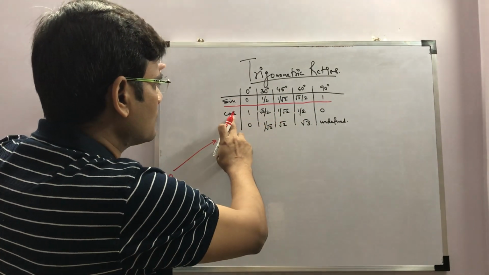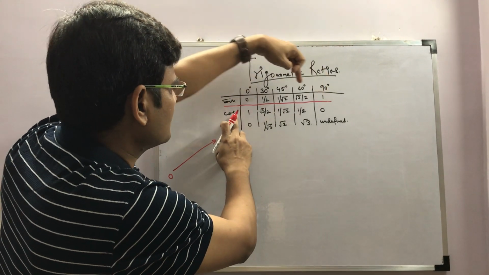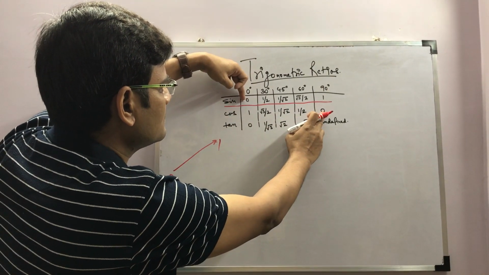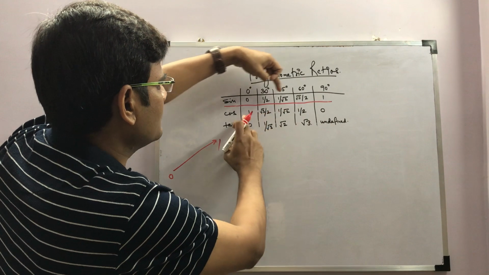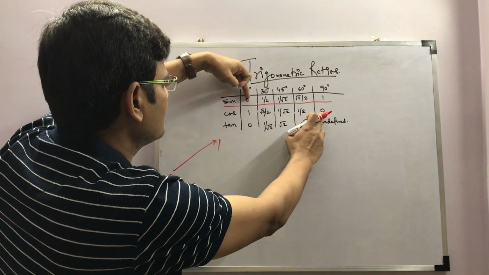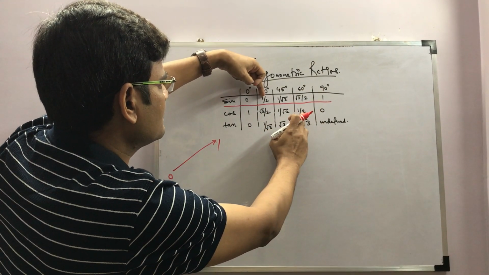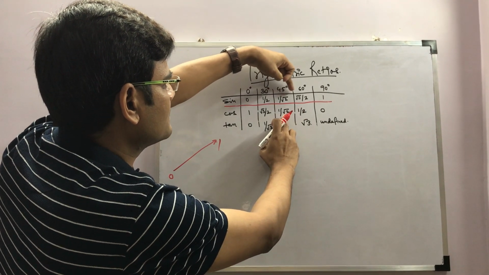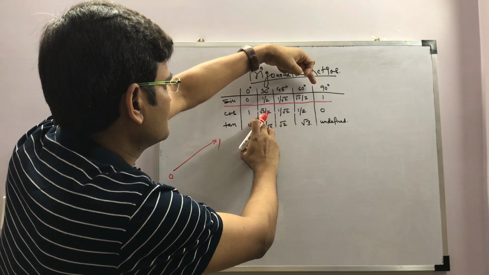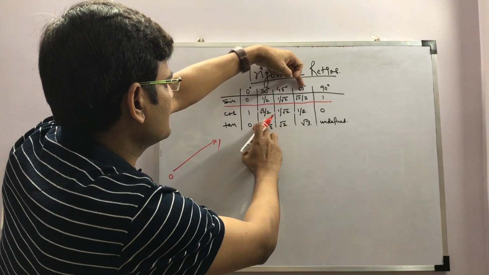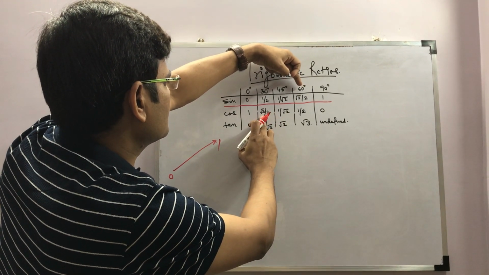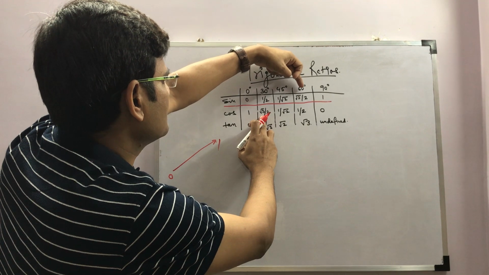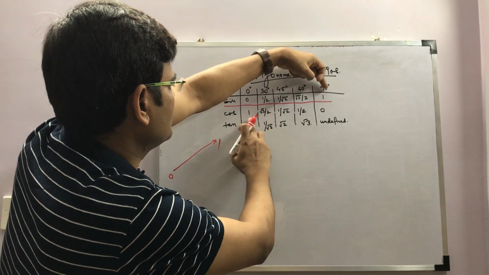When you do cos, you do the reverse. You start with 0, you end with 1. The second and fourth are 1 by 2, same; 45 is the same, 60 matches, and 90 is 1.